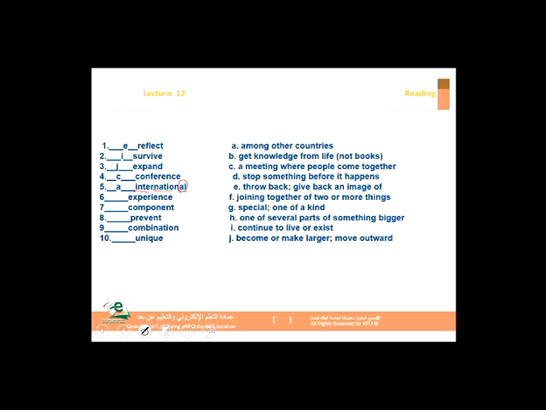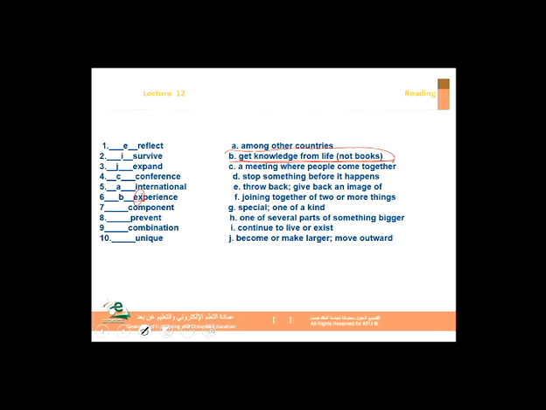So AL makes it an adjective, national, international, so among nations, among countries. Experience. So experience is B, get knowledge from life. As you can see, just by looking at the prefixes, we can actually get the meaning.